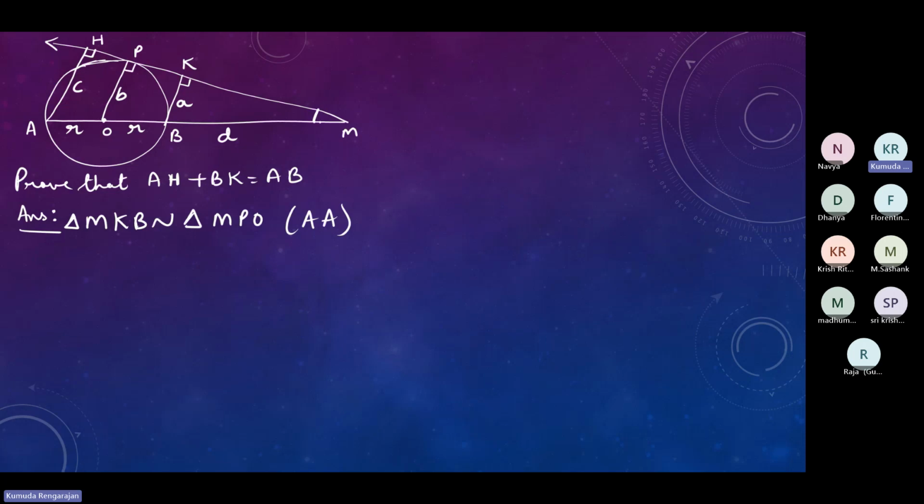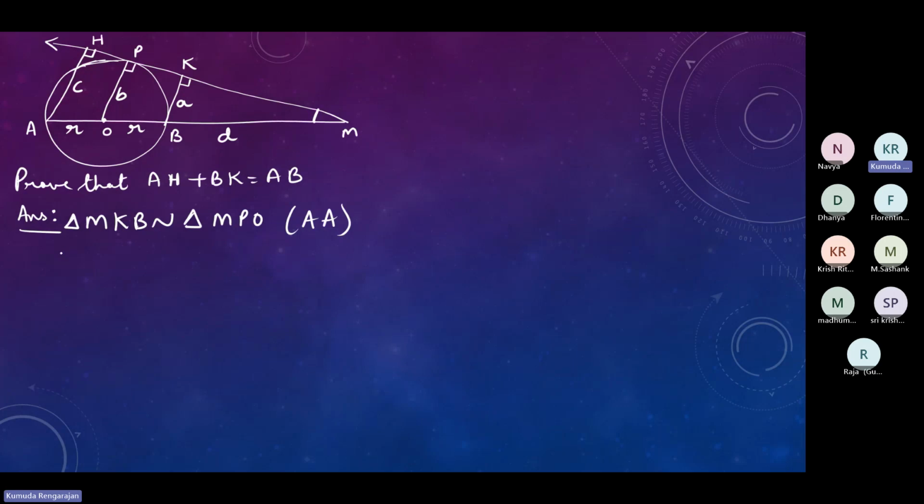We have not marked anything on MH because we don't need any part of MH in the result. So we have marked these line segments AH, OP and BK as C, R, R and D, and we've completely ignored MH.